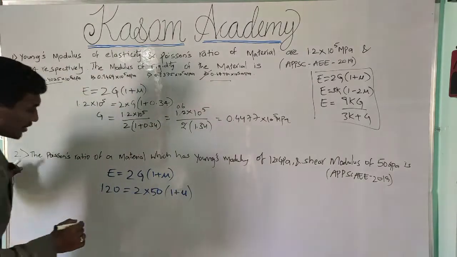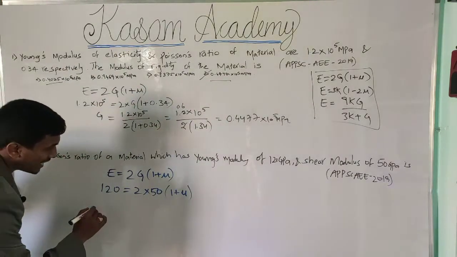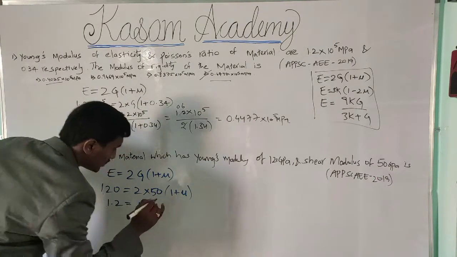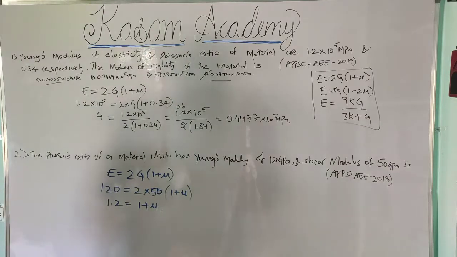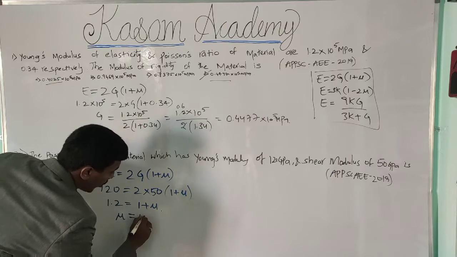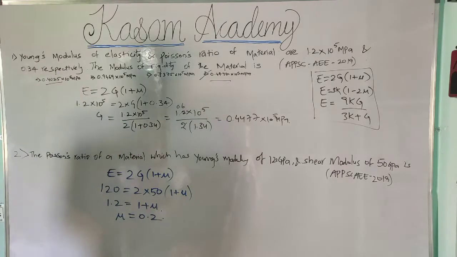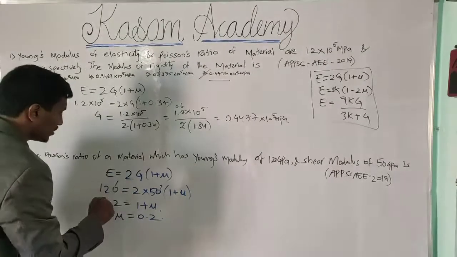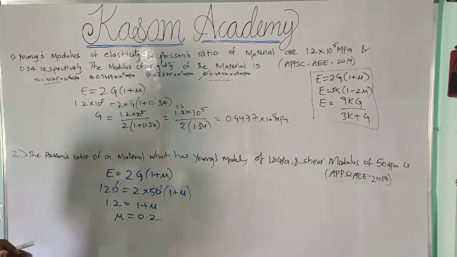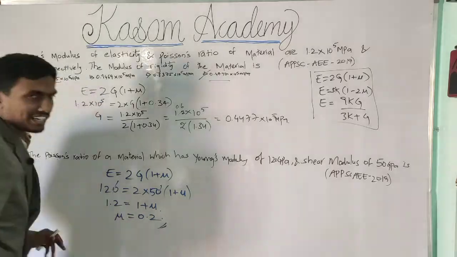By cancelling, we get 1.2 equals 1 plus mu. Here mu equals 0.2. This is the final answer.